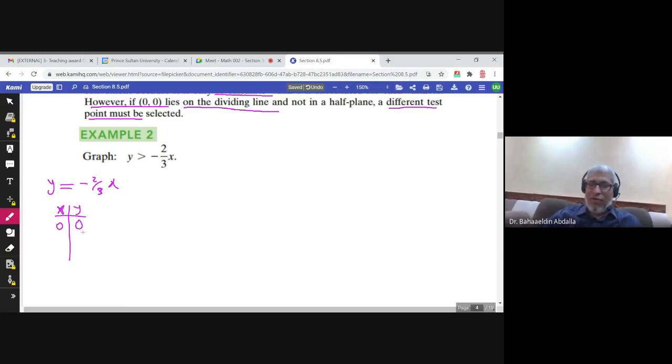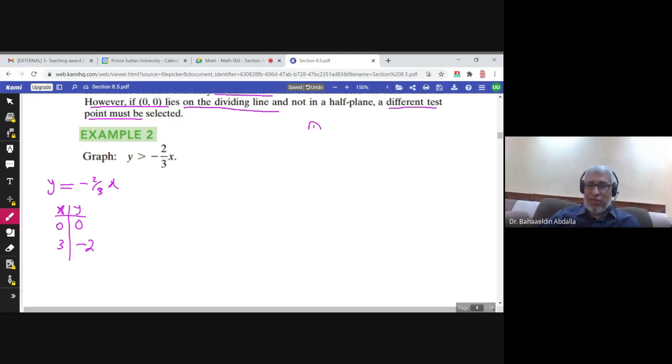If you put y equals 0, you will have x equals 0. So this is the x-intercept and the y-intercept at the same time. I need another point, so you have to choose now another value of x different than 0. If I choose x equals 3, then negative 2 over 3 times 3 would be negative 2, because 3 cancels with 3.